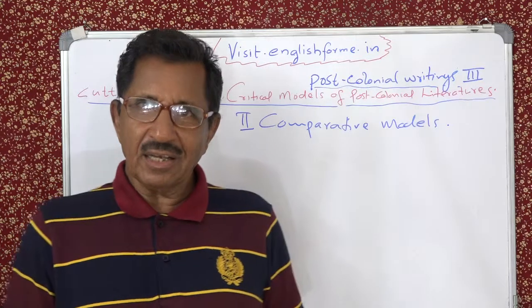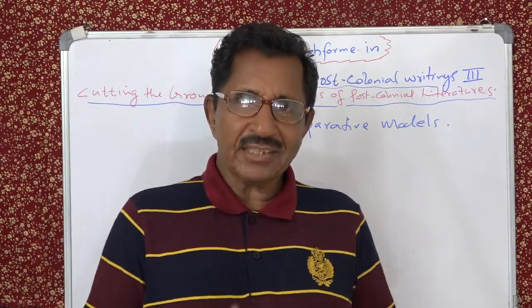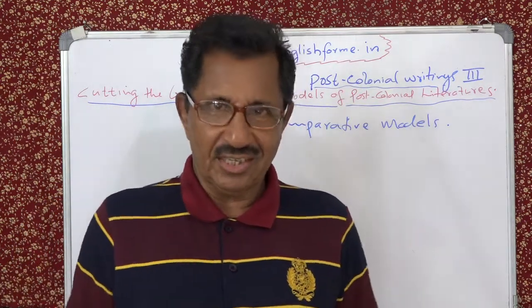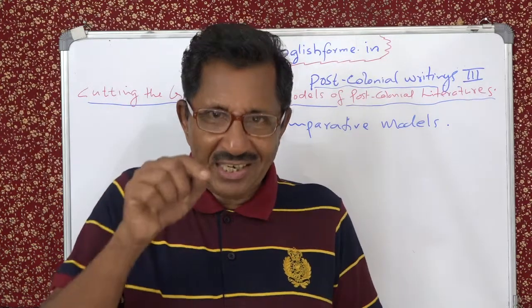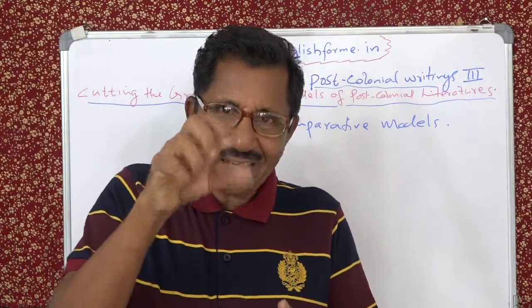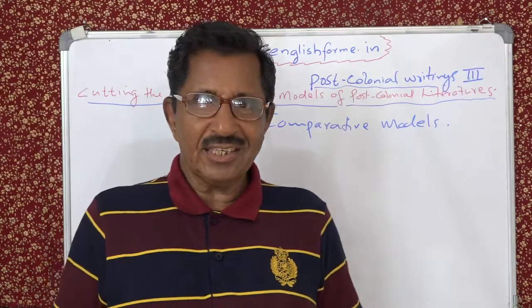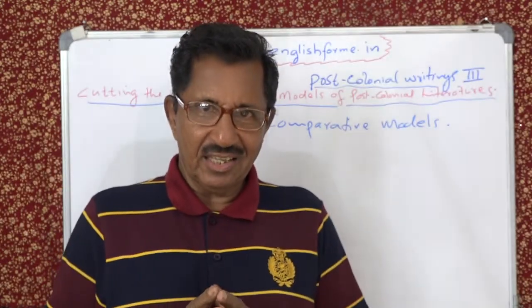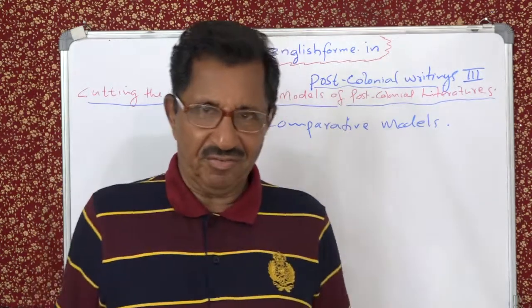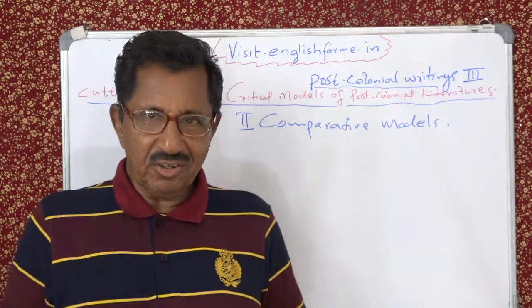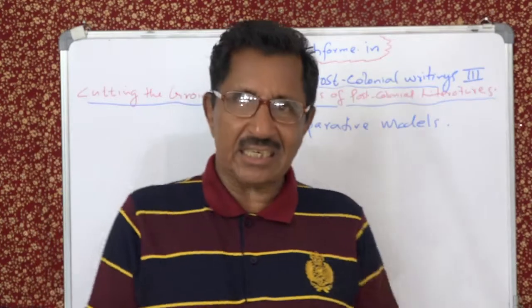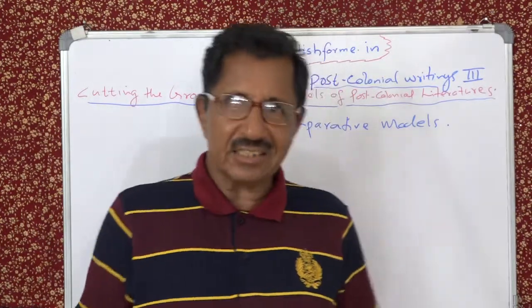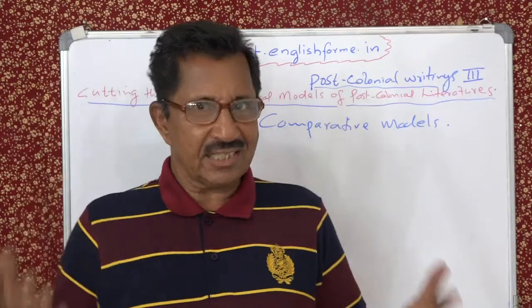In Australia, they introduced the Queensland Readers. Now, what is the content of these readers, do you know? That is British values, the British way of life, British history, English literature, and the British landscape.